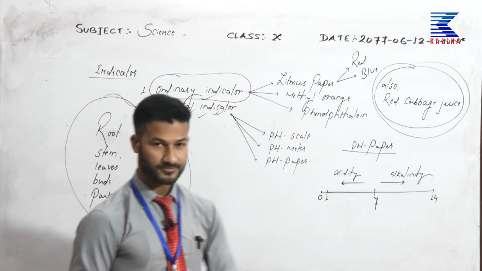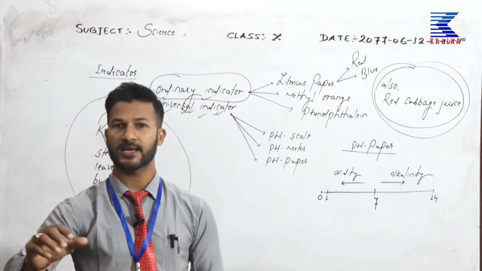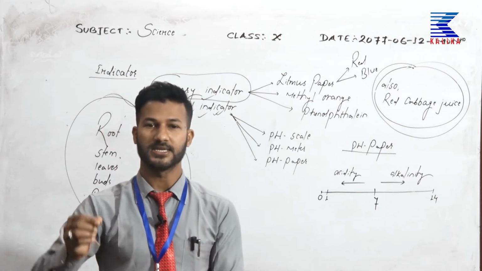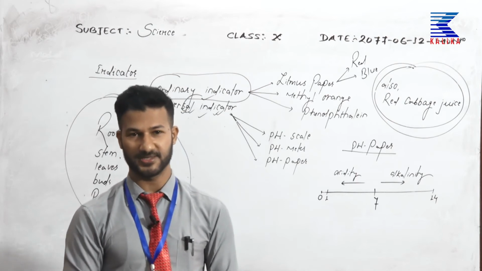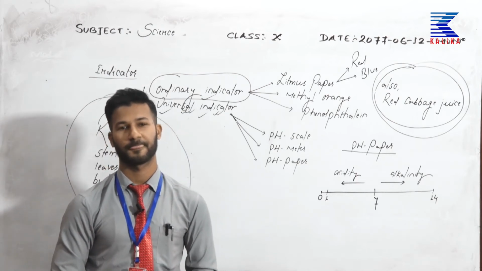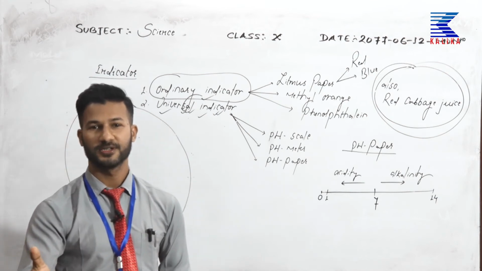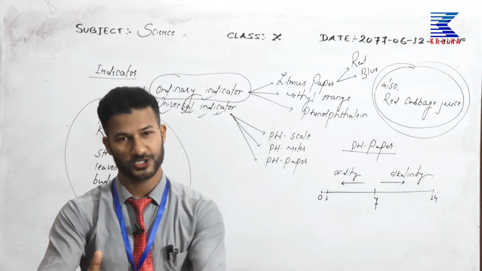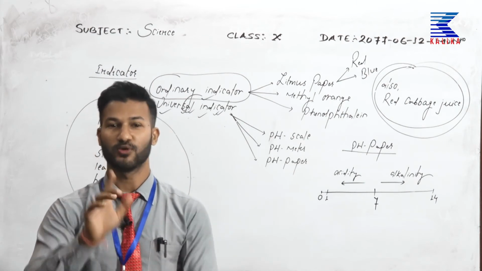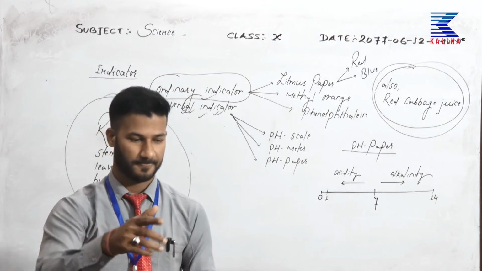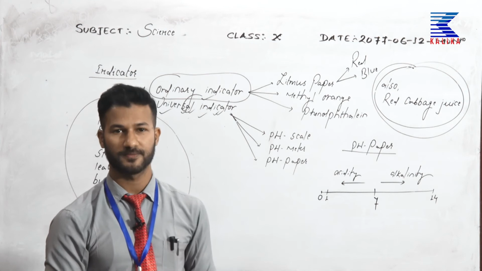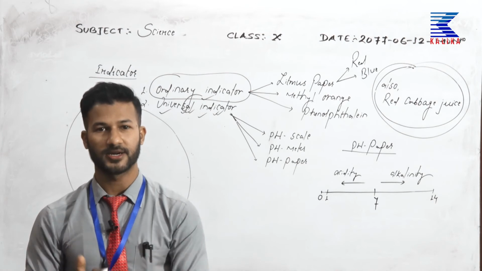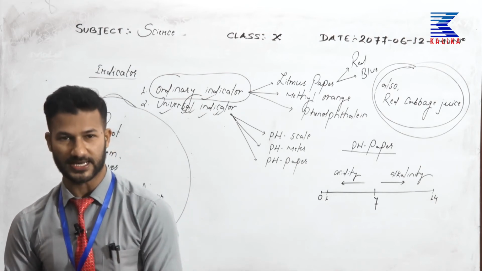Let me inform you. Ordinary indicators are said to be ordinary, said to be simple, because they just help you to identify the given chemical is acid, base or salt, but they won't ever tell you that the given chemical is that strong, or that the given chemical is somehow weak, or that it is a poor conductor of electricity.